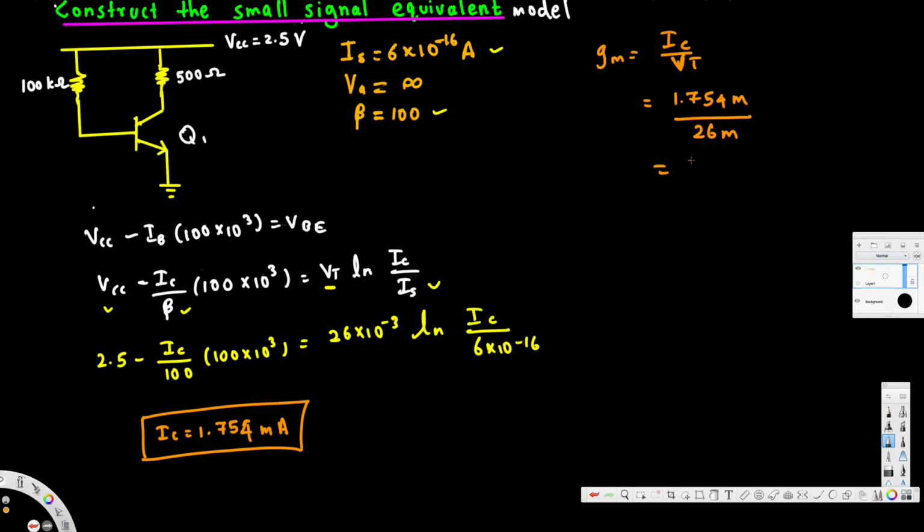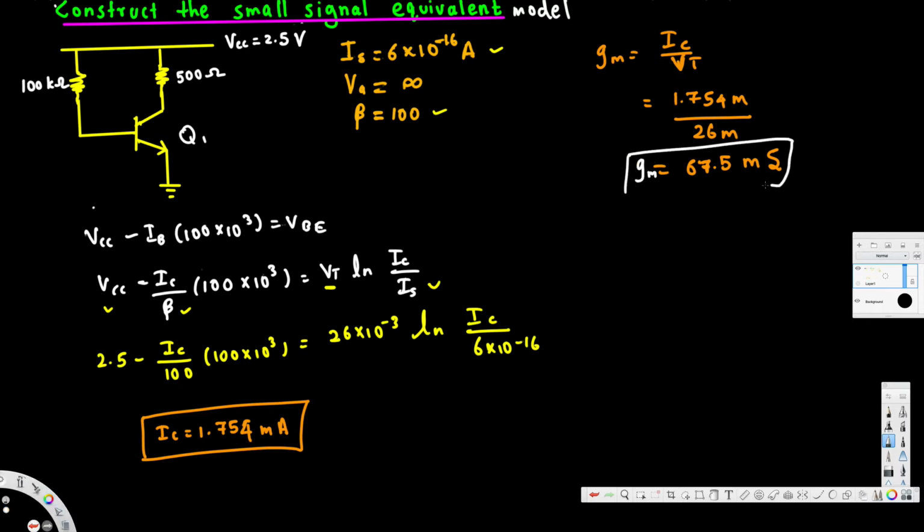Milli cancels. Finally we will end up with 67.5 millisiemens. That's our gm, transconductance.